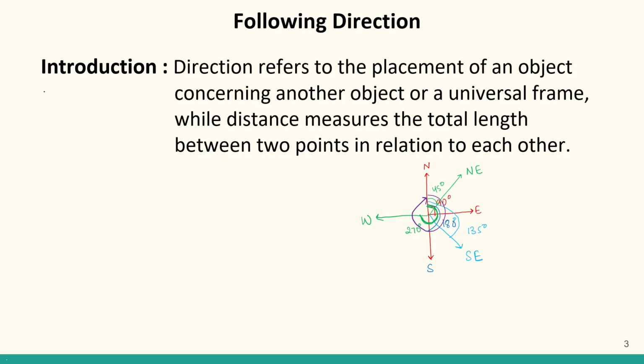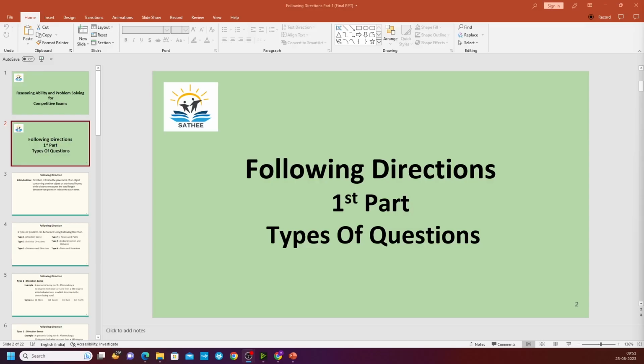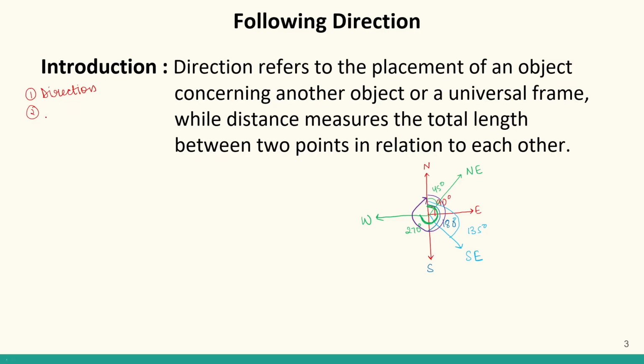So far we have discussed how many concepts? The first concept we discussed was simple directions: north, east, west, south, and the sub-directions, that is northeast, southeast, northwest, southwest. Then we discussed the concept of finding direction in relation to an object. That is the second concept.